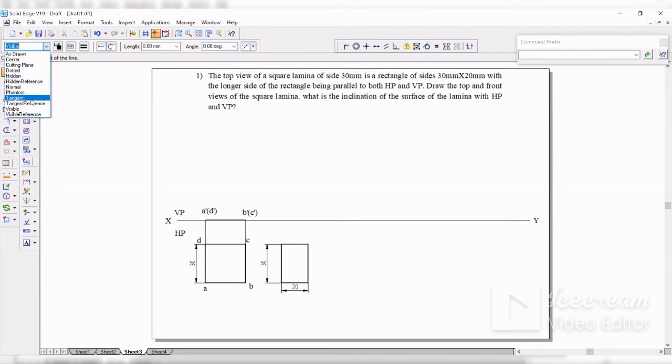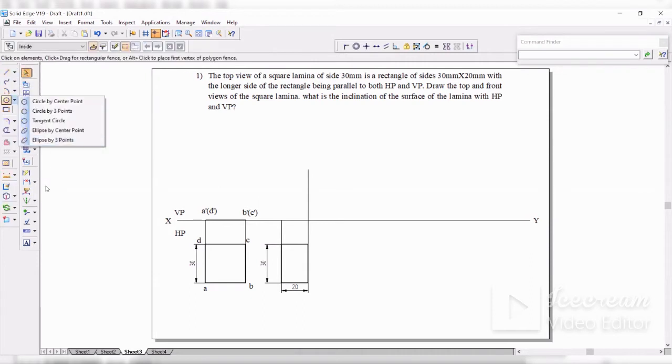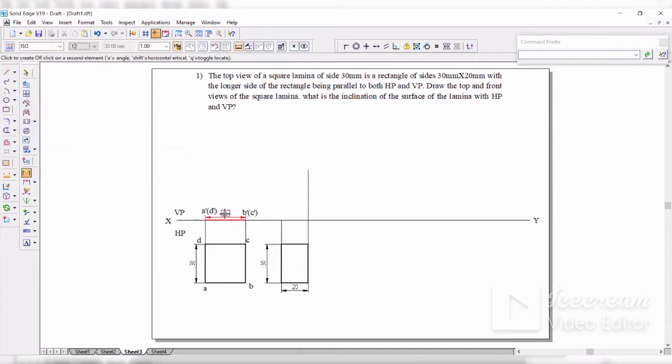Now take a normal line and draw the projections. Now let me draw this one here. Okay, let me draw this projection a little bit far away because I need to draw the angle now. What I will do now is take an arc by center point. Before I take the arc by center point, let me get the distance of this.